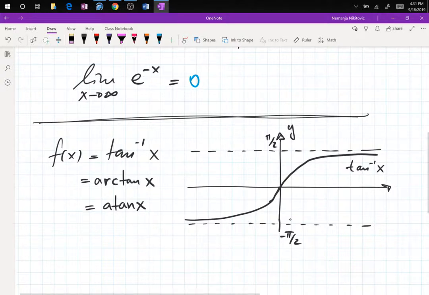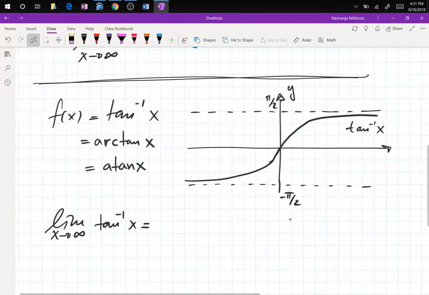Now I can ask what is the limit as x goes to infinity for inverse tangent of x? And you will say what? Pi over 2. Very good. From below, right?